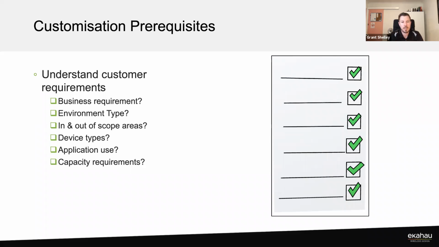The only problem with having coverage across the entire site is the cost is going to increase exponentially. In a lot of cases, particularly if we were designing for high density, there's no need for high density in areas like server rooms, where there's probably going to be a very limited amount of client devices. So that needs to be really scoped out.